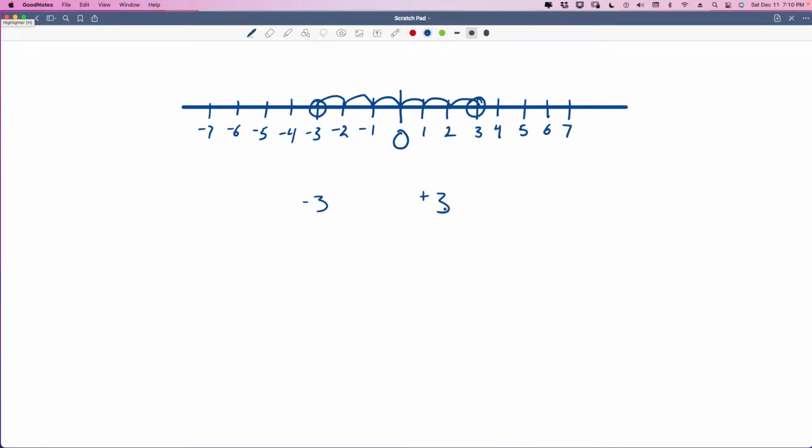And if you look carefully, to get from one to the other, the only thing that we have to do is multiply them by a -1. So -3 times -1 is equal to +3, whereas +3 times -1 is equal to -3.